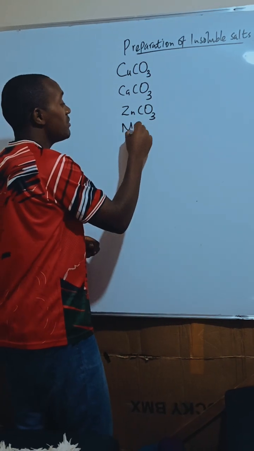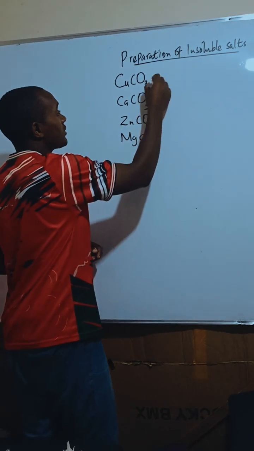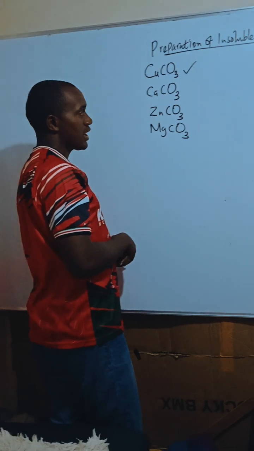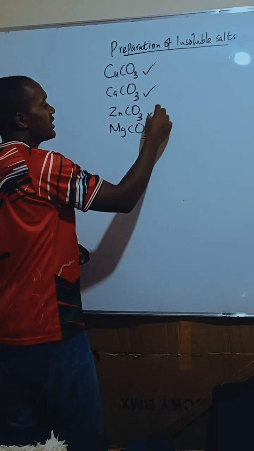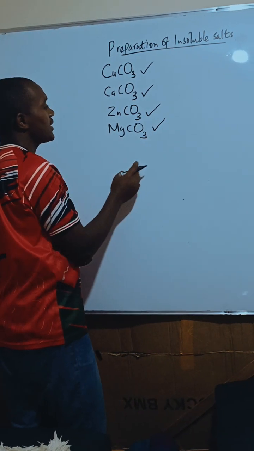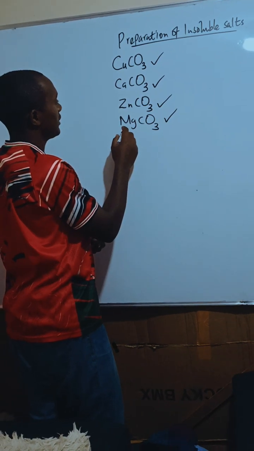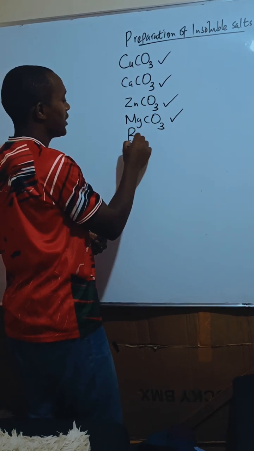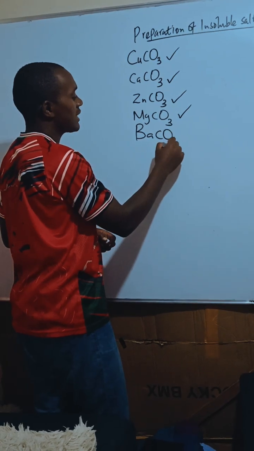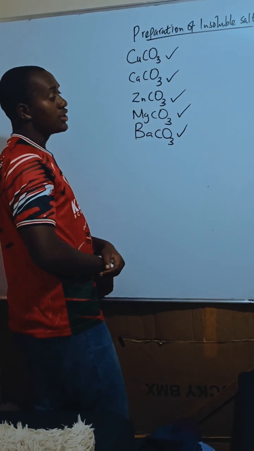So you can be told to prepare insoluble salts. You can be told to prepare copper carbonate, calcium carbonate, zinc carbonate, magnesium carbonate. You can be told to prepare what else? Barium carbonate. So these are insoluble carbonates that you can be told to prepare.